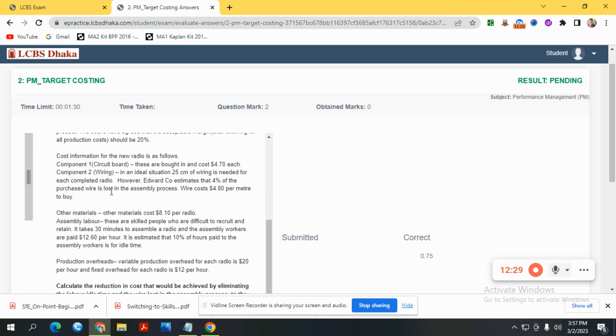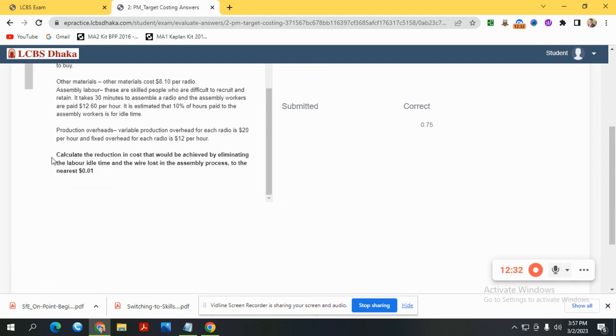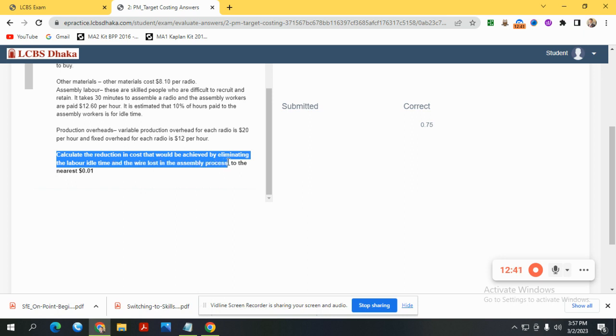So over here, if you look at this, calculate the reduction in cost that would be achieved by eliminating the labor idle time and the wire lost in the assembly process.